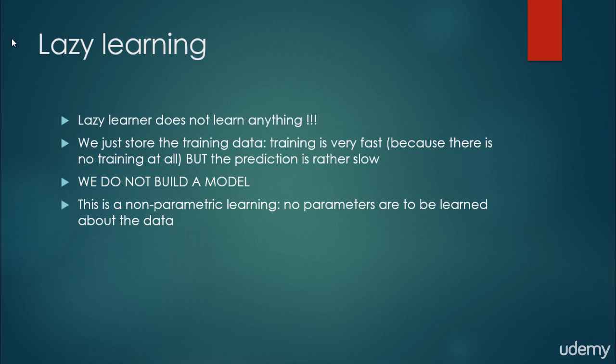Here in kNN, we do not build a model. So this is a so-called non-parametric learning. No parameters are to be learned about the data. What can these parameters be? As I said earlier, for example, in linear regression, we have to learn the beta 0 and beta 1 parameters. These are the parameters we are after. Here, we have no parameters because we do not build a model.